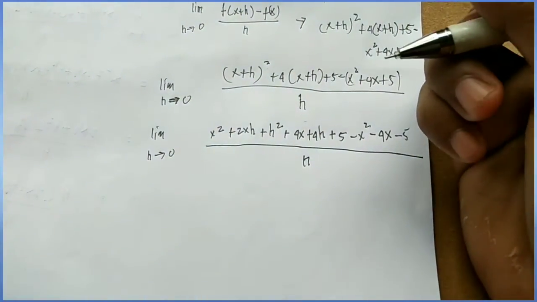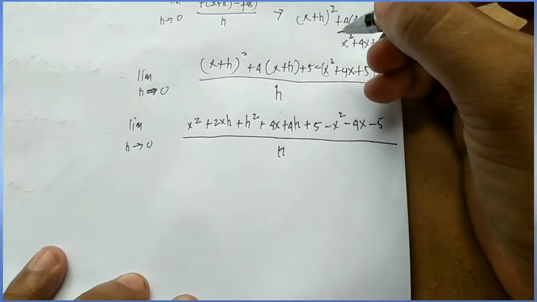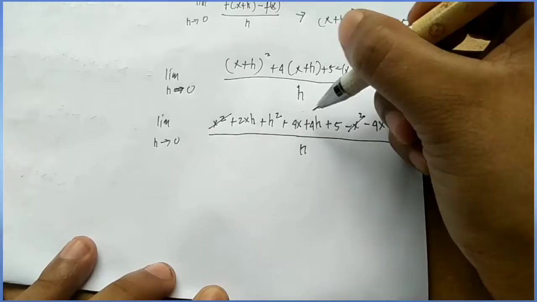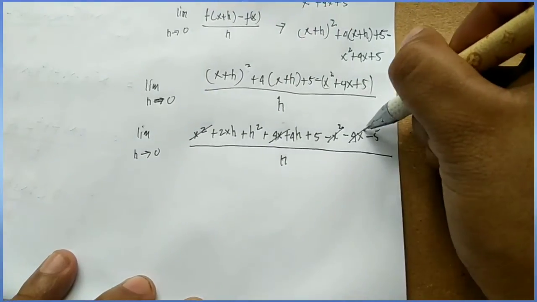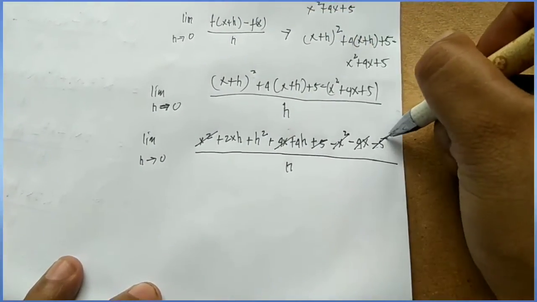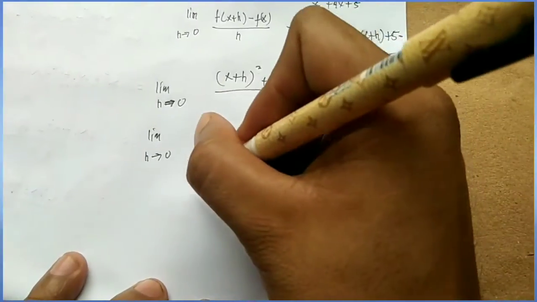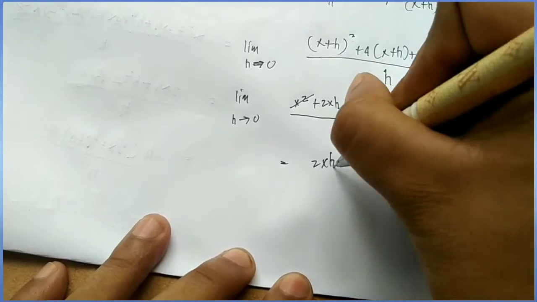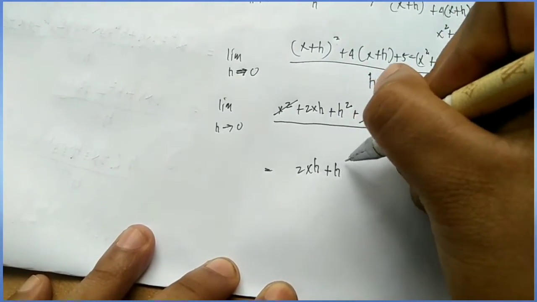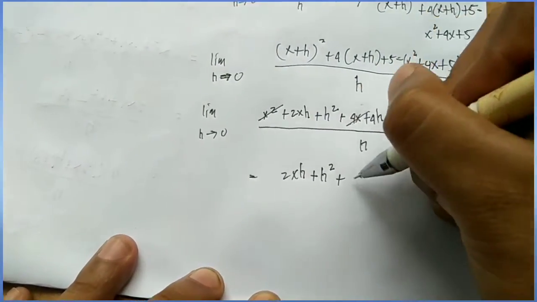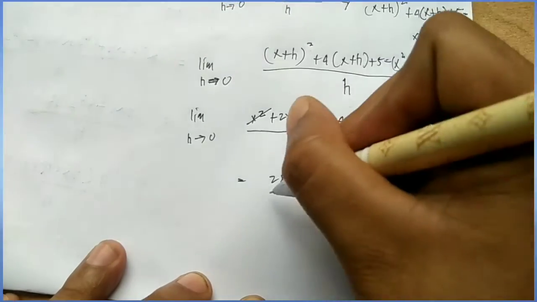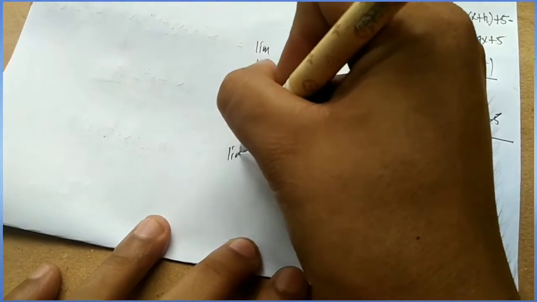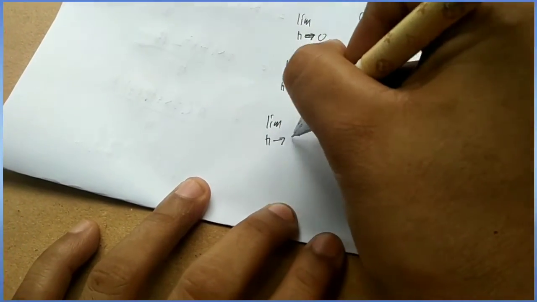Combine like terms: the x squared, the 4x and the 5 cancel out. What remains is 2xh plus h squared plus 4h, all over h, as h approaches 0.